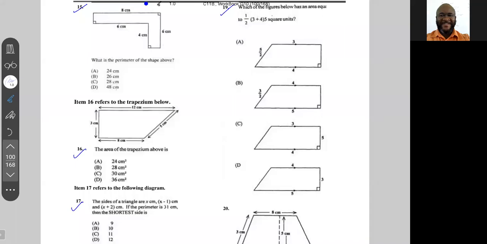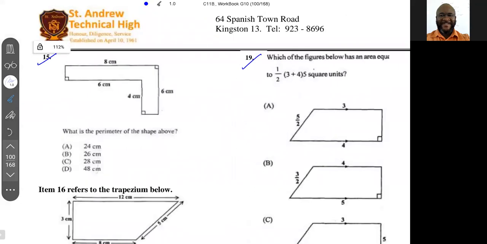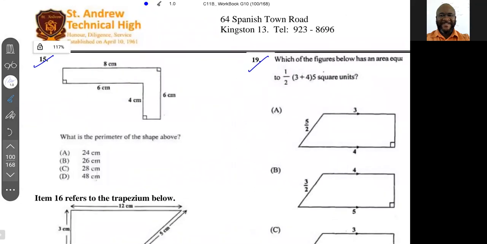All right, so let's have a look at question number 15. It says, what is the perimeter of the shape above? Now, if you're asked to find perimeter, perimeter is the length of the distance going around the shape.